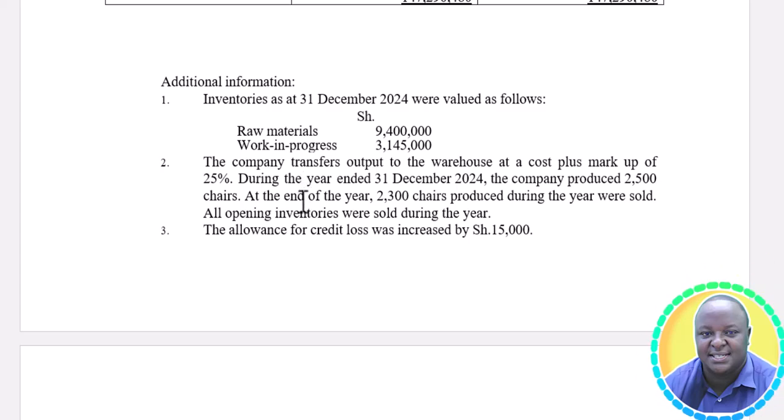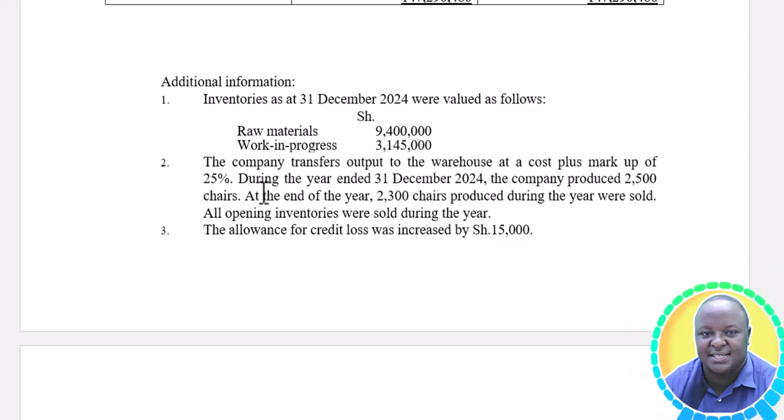During the year ended 1st December, the company produced 2,500 shares, and at the end of the year, 2,300 shares produced during the year were sold. All opening inventory was sold during the year.